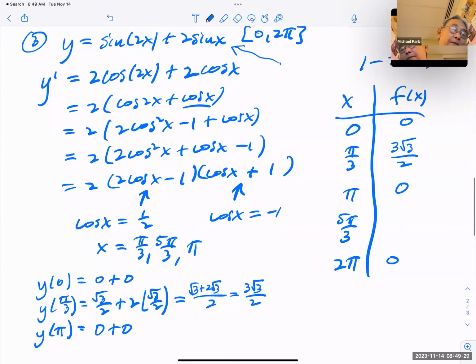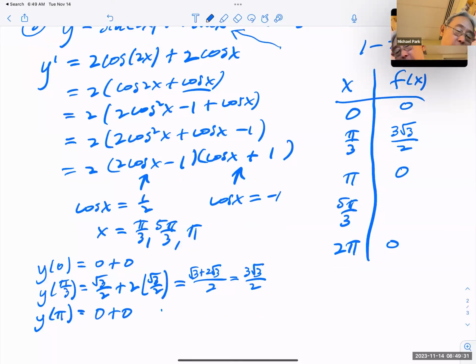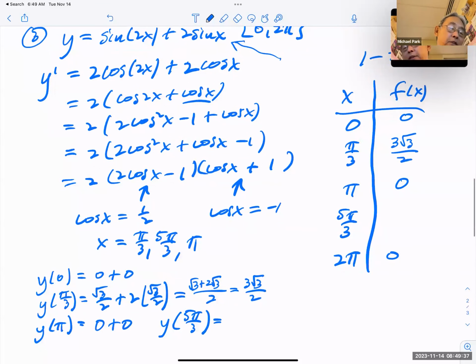Now we plug in 5 pi over 3. So y of 5 pi over 3 equals sine of 10 pi over 3. We have to reduce that down.